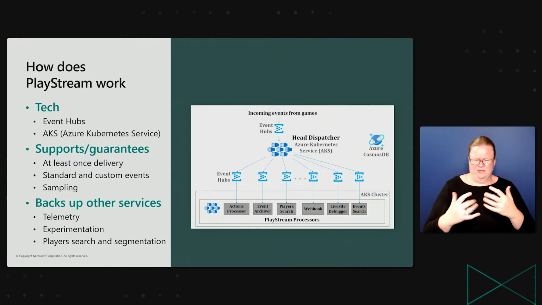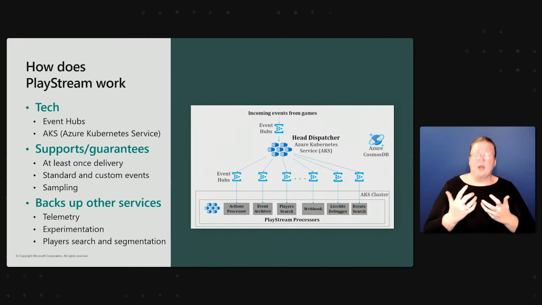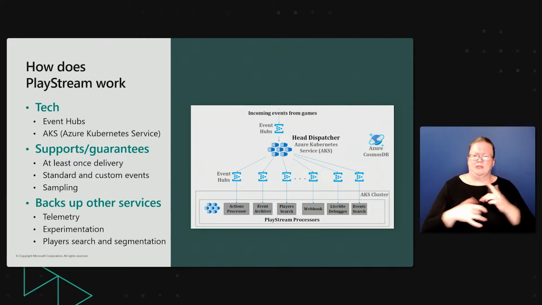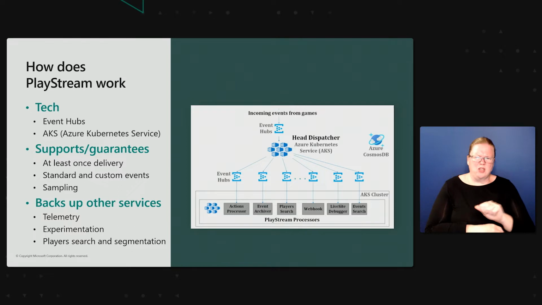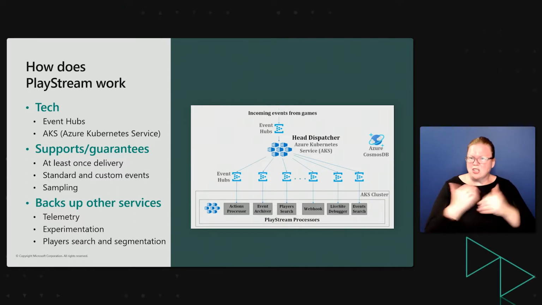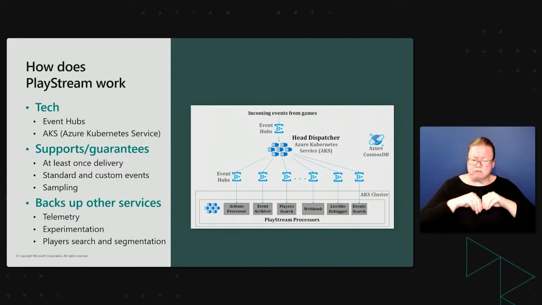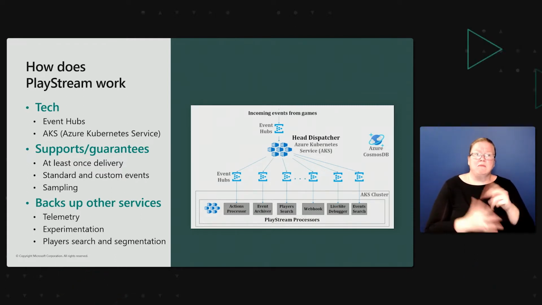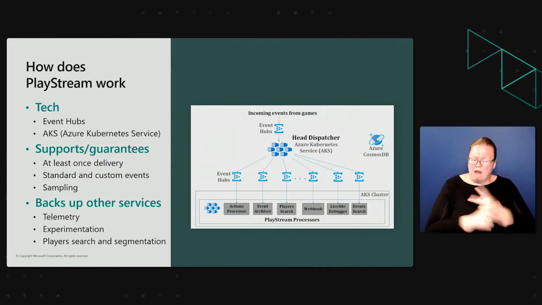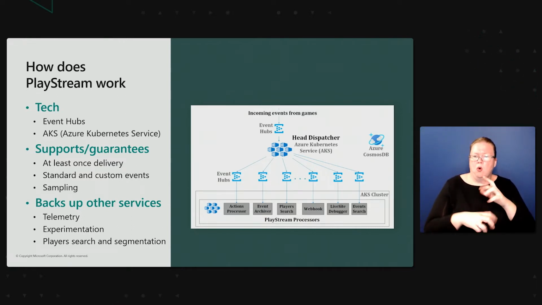So how does PlayStream work? At the core of it, we're using event hubs to stream anything that happens in your game. At the compute layer, we have Azure Kubernetes service that runs our logic. In our logic, we read all of your game events and distribute them farther down into more event hubs, which have more PlayStream processors to execute the rules that you configured.